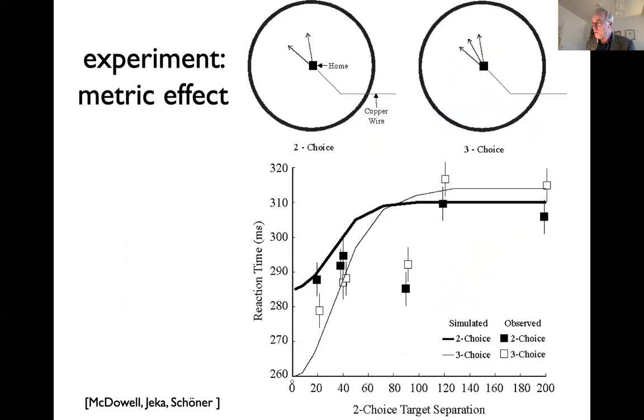We were actually able to do some of our own experiments. This is with a student of my old collaborator, John Jaker. This is actually unpublished data, but it will be published work in a moment. It's a very simple experiment: people have a stylus on a home button, and then they get some indication of where the target is, two arrows, and they have to point at the tip of the arrow.